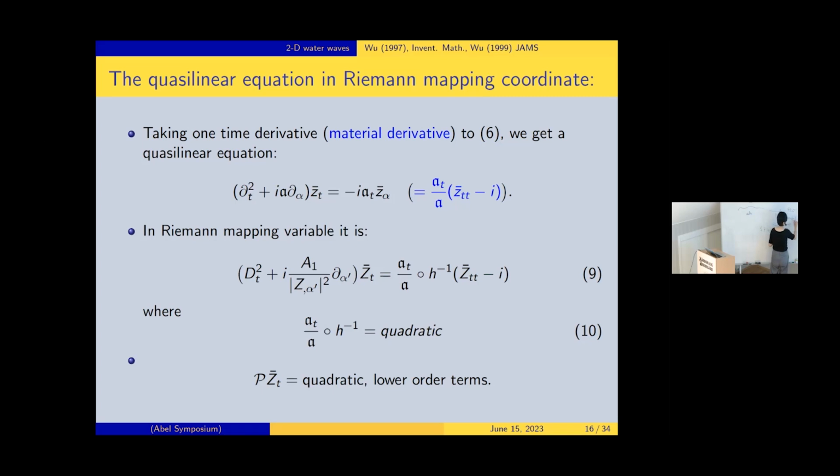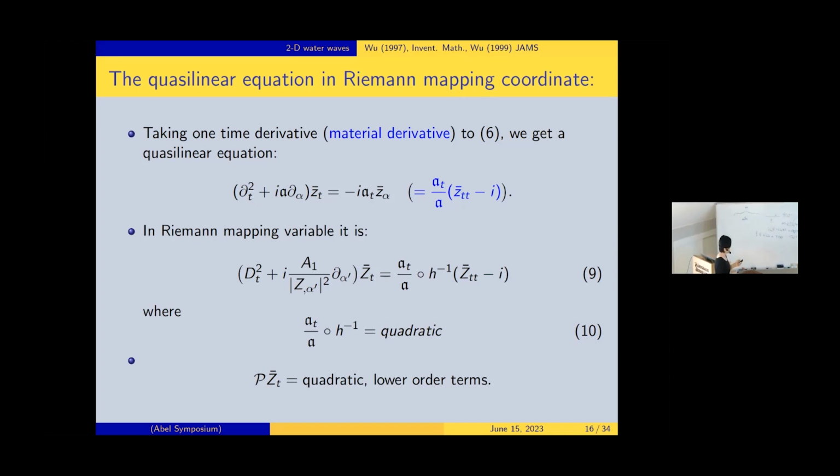So this is a little bit different from the ones you typically see in harmonic analysis. So this gives us exactly the first order derivative. I should really just write it as absolute value of d alpha. So this is the Dirichlet to Neumann operator.